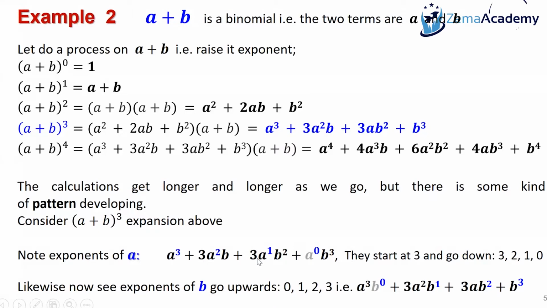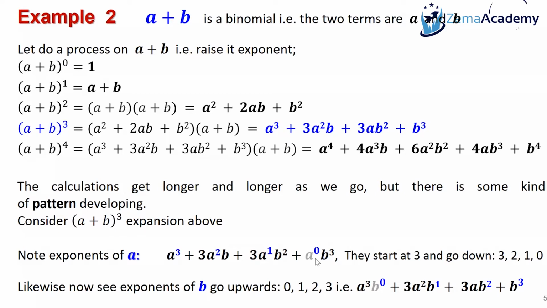Okay? So 3a to the power 1 plus b square plus a to the power 0. So again, if you see this, I have grayed this a because it is not there in the formula. And the reason it is not shown is because a to the power 0 is 1.